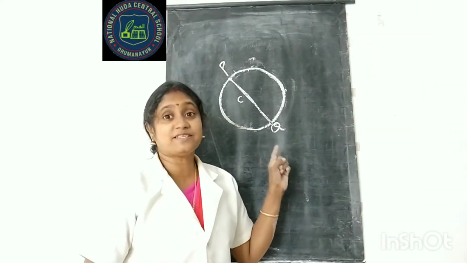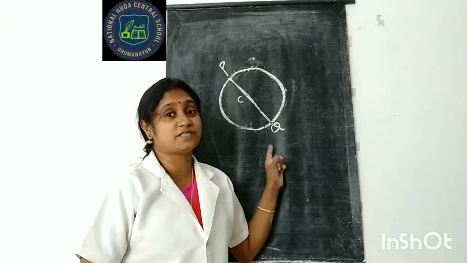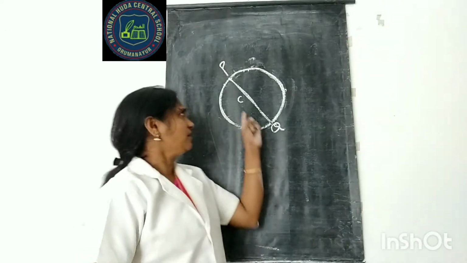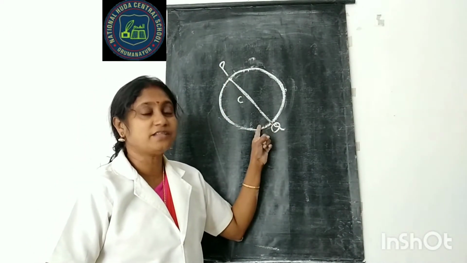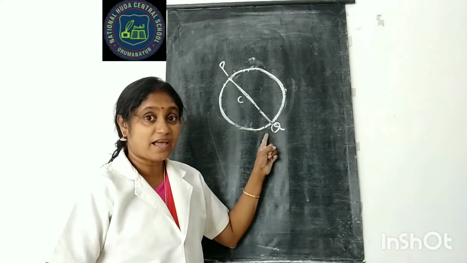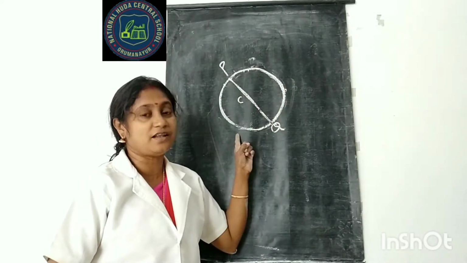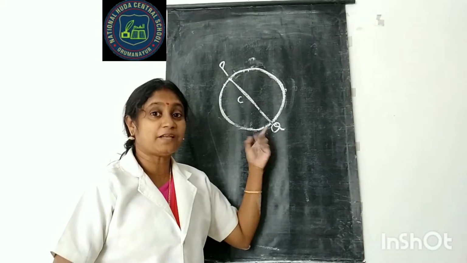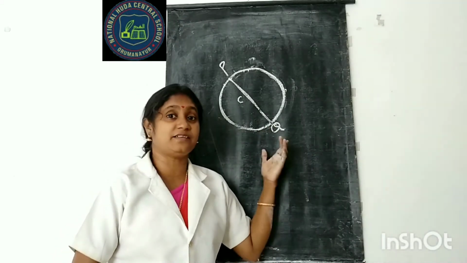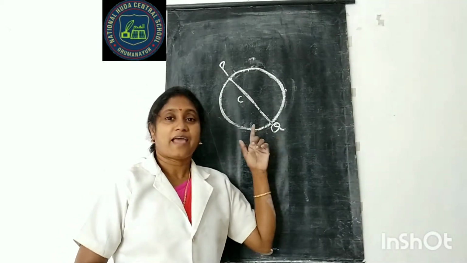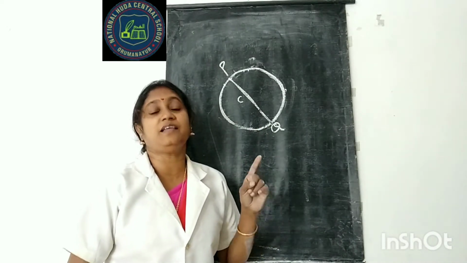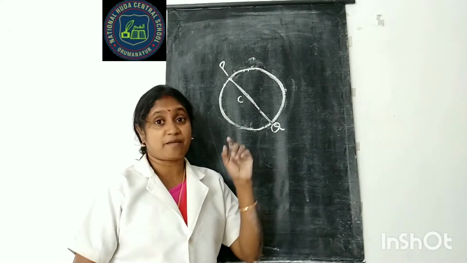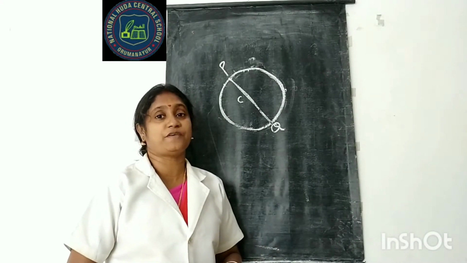And also we can say that it is a chord of the circle, because P and Q are the endpoints of this chord and they lie on the circle. Therefore, PQ is also a chord and it is a diameter of the circle. And we can say that a diameter is the longest chord of a circle.